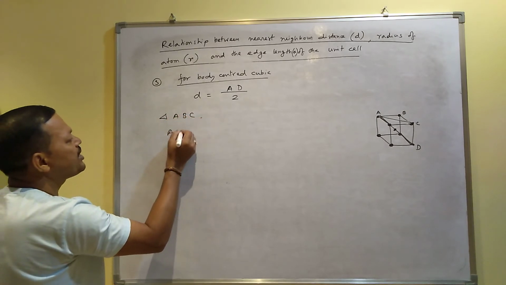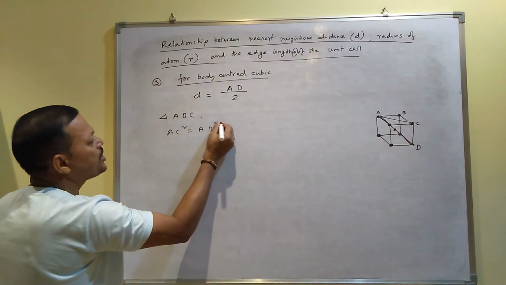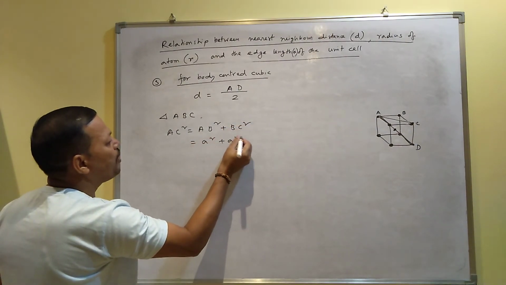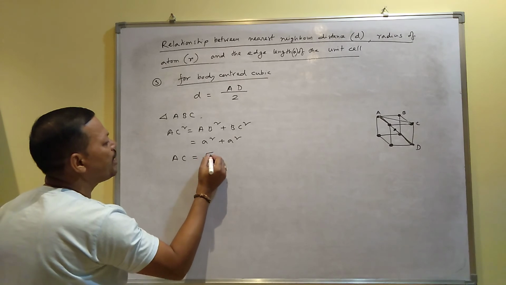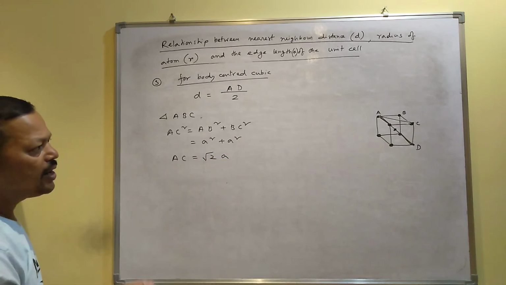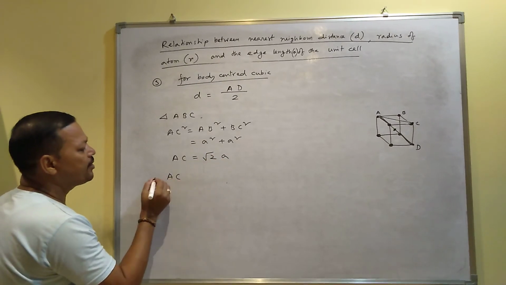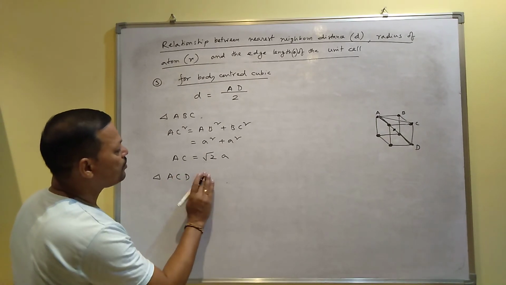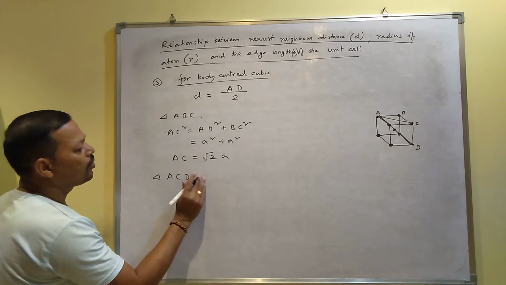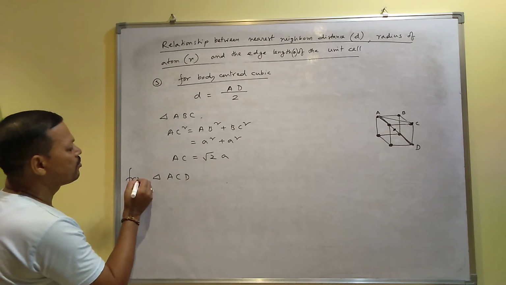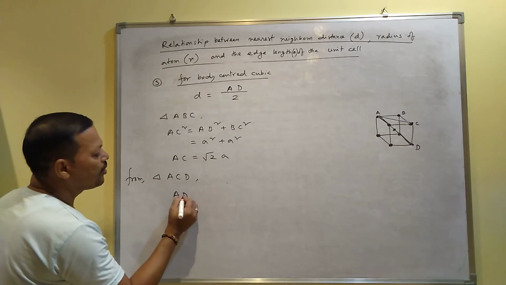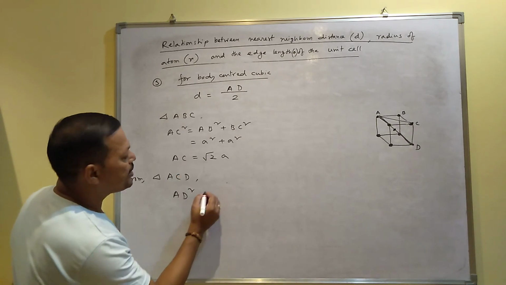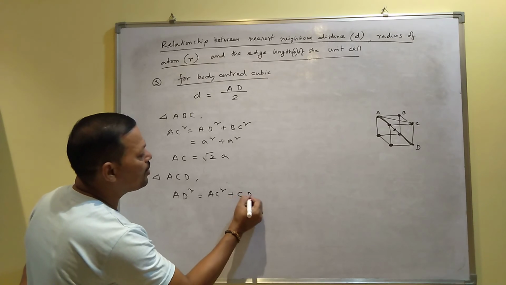You can write AC square is equal to AB square plus BC square, right angle. That means A square plus A square, so AC is equal to root 2 A. Similarly, from triangle ACD, AD square is equal to AC square plus CD square.